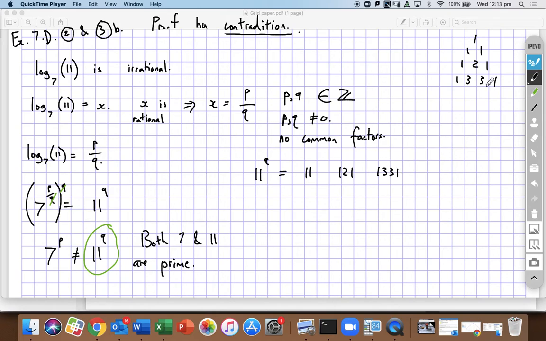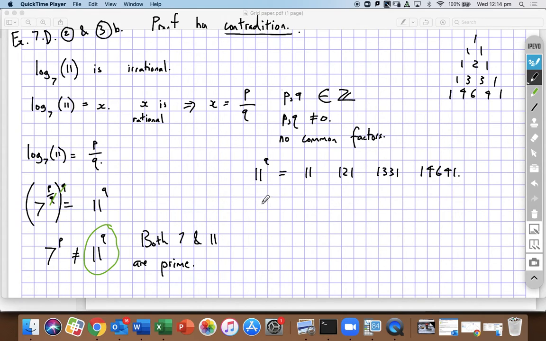It's a nice little trick for powers of 11. 11 to the power of 4 is 1, 4, 6, 4, 1. And the smallest factor that any of these numbers have is 11, because that's the prime factor.